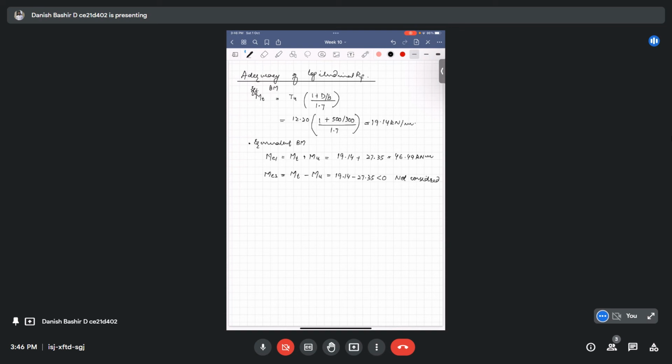So 46.49, from this we will be having flexural tension at top. Okay, so we will calculate the ultimate resisting moment.